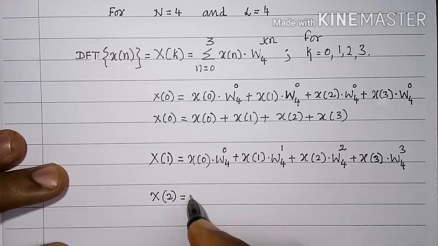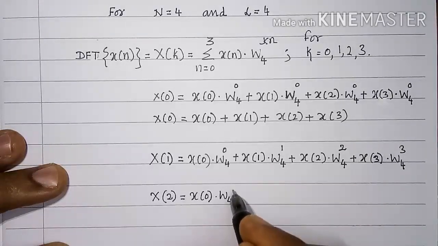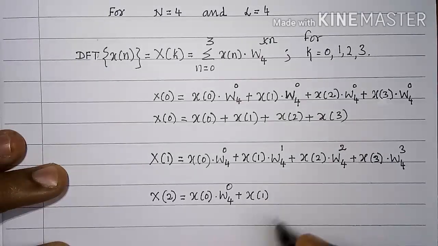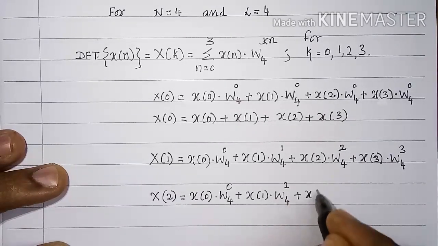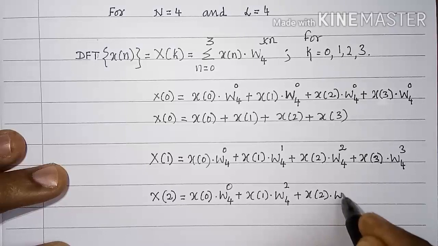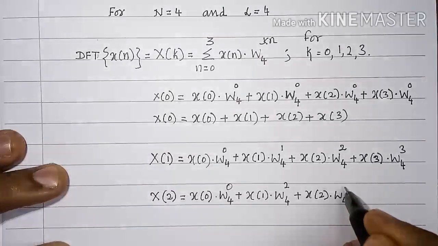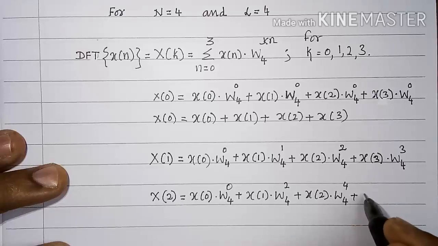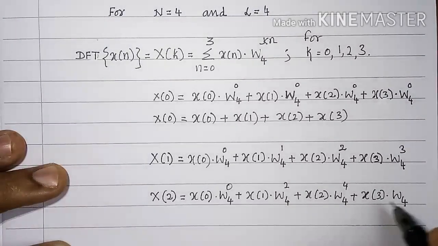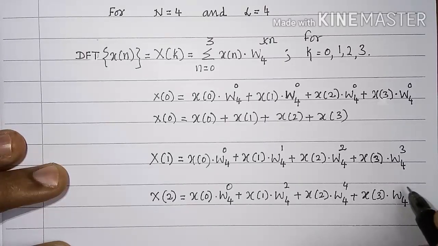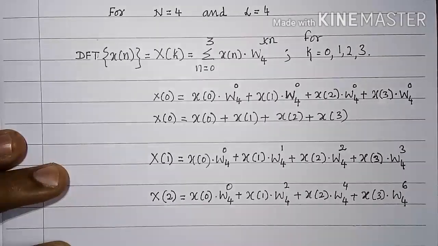X of 2 is equal to x of 0 into W4 raised to 0 plus x of 1 into W4 raised to 2 plus x of 2 into W4 raised to 4 plus x of 3 into W4 raised to 6.